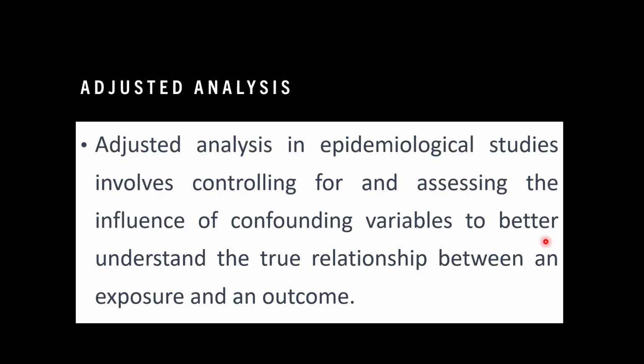This is very important. What is the adjusted analysis? Adjusted analysis in epidemiological studies involves controlling for and assessing the influence of confounding variables to better understand the relationship between an exposure and an outcome.